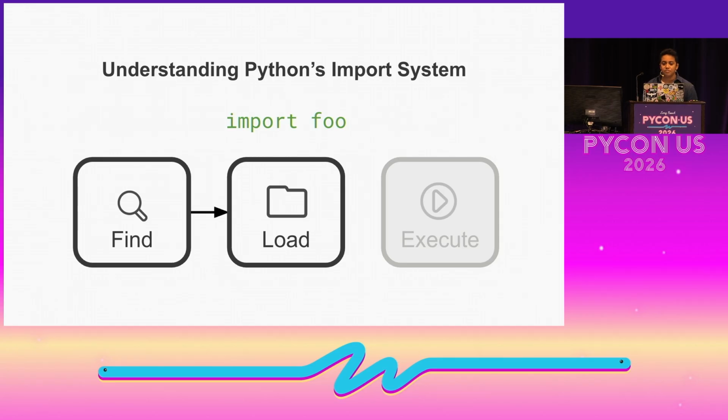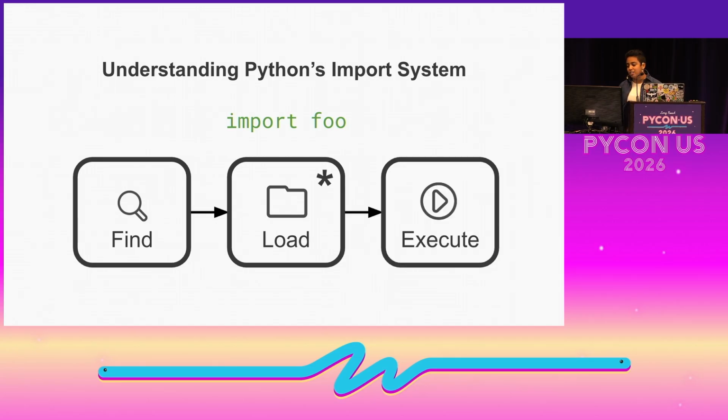Next, it loads the file into memory, compiling it if needed. And finally, it executes the module, running all of its top-level code, creating functions, classes, variables, and also recursively executing other import statements as well. A single import quickly cascades into a lot of real and possibly expensive code execution.